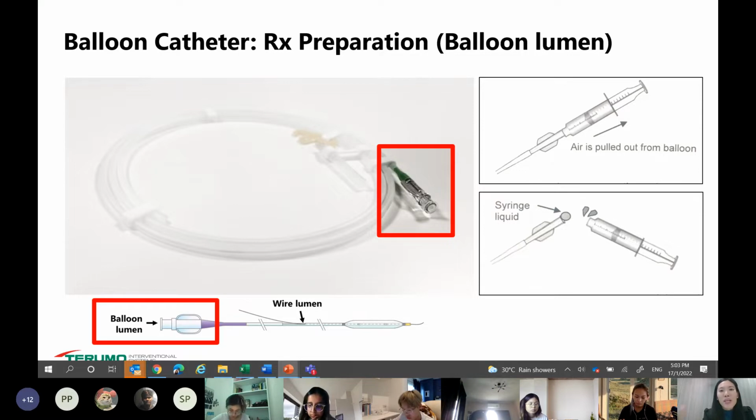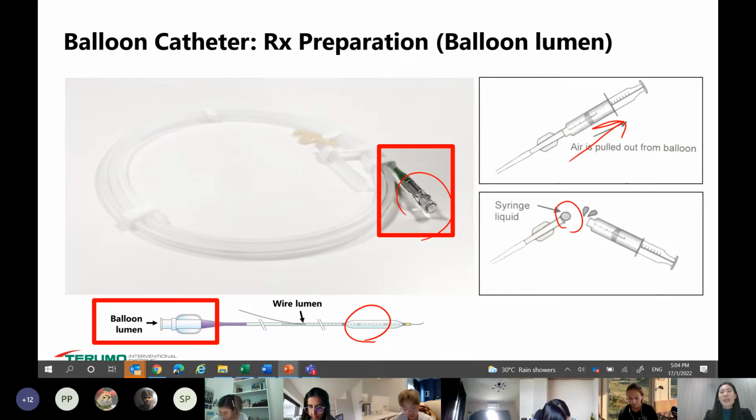This priming or preparation is so that there is no air in the balloon itself, because if there's air inside, sometimes you can't see the expansion very clearly under your fluoroscopy. They don't want this to happen. So they pull air out from the balloon by negative pressure, and then I drop in one liquid to seal it. I'm making the inside a vacuum.